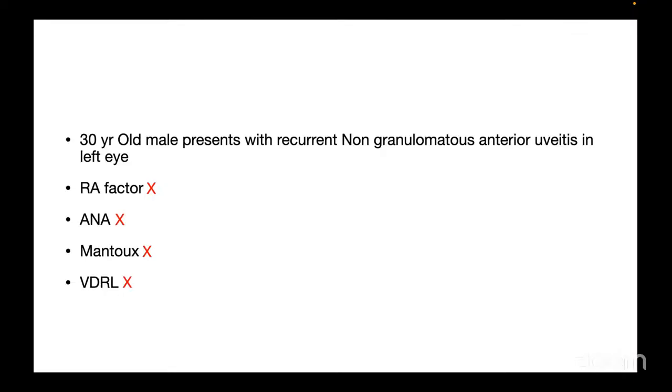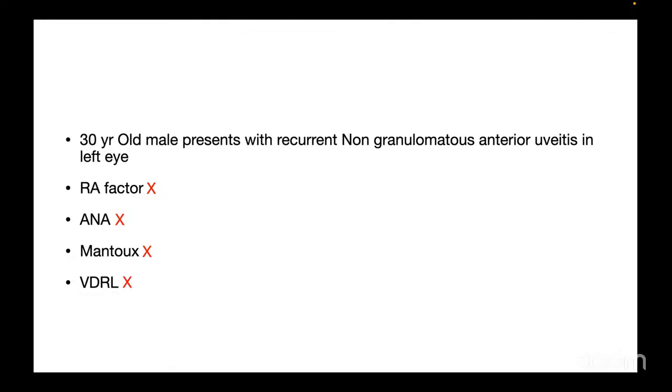Okay, sir. The basic idea of this class is to order the test according to the patient, not to order a battery of tests in every case of acute anterior uveitis. For that reason, Kanski said don't order tests in a first episode of acute anterior uveitis.